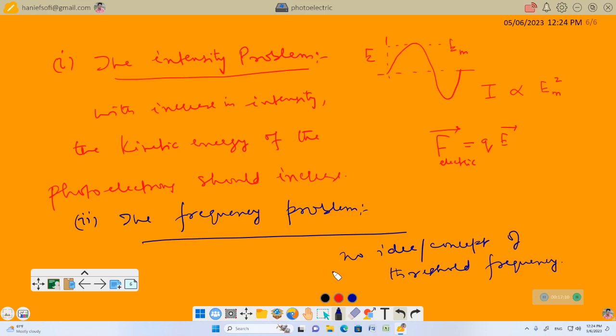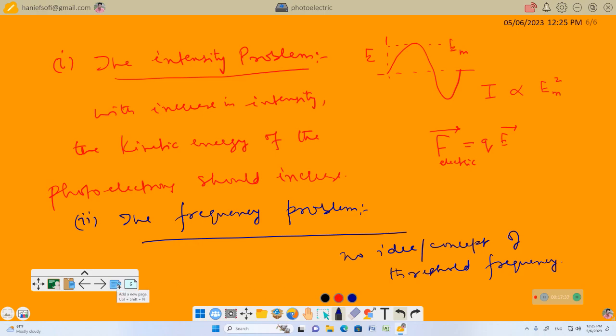Photoelectric effect should occur for any metal surface for all frequencies of light. It is just a question of intensity. Intensity should be sufficient so that the field and the force are sufficient to extract or push the electrons out of the metal surface. Right? So there is another total dispute between experiment and theory.